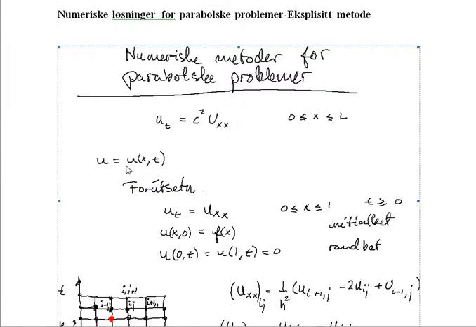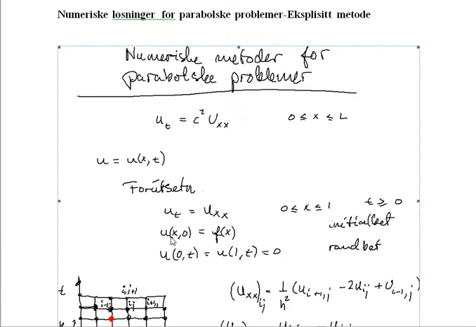The solution is of course a function of the spatial coordinate x and the time t. And we recall that this equation for c equal to 1 takes the following form. We have an initial condition which should be satisfied. That is the condition for t equal to 0.